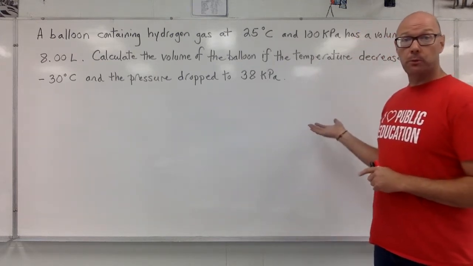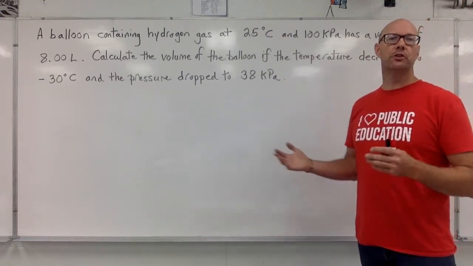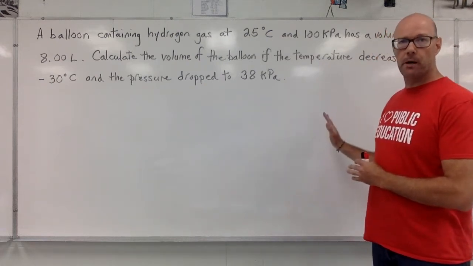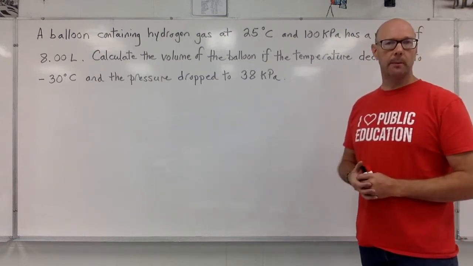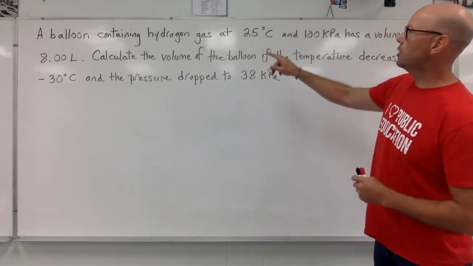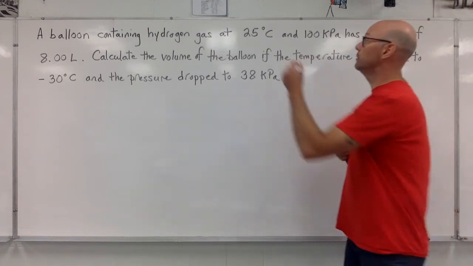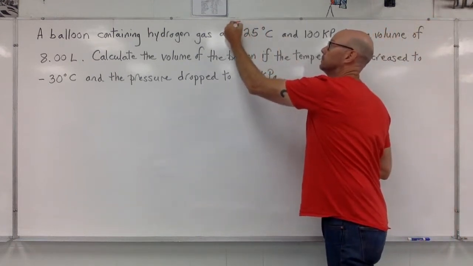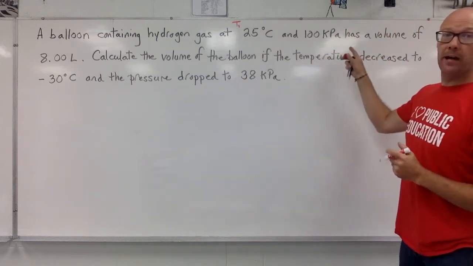I might feel comfortable diving right into the work. However, it's worth it sometimes to slow down, especially with the combined gas law questions. With the labeling, the interpretation takes on a little bit more importance than before. A balloon containing hydrogen gas, it's at 25 degrees Celsius. Oh, that's a temperature. It's T1. And 100 kilopascals.